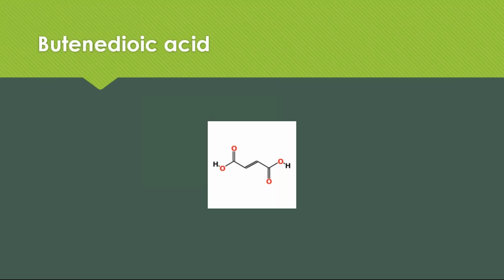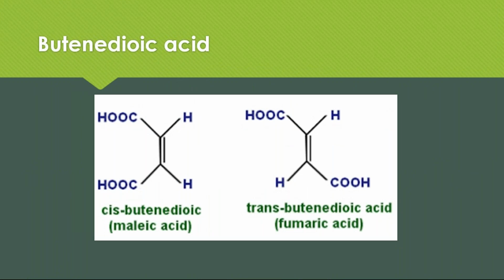We have common names: cis butenedioic acid is called maleic acid, whereas trans butenedioic acid is called fumaric acid. These two isomers differ in physical properties like melting point, dipole moment, and acidity.